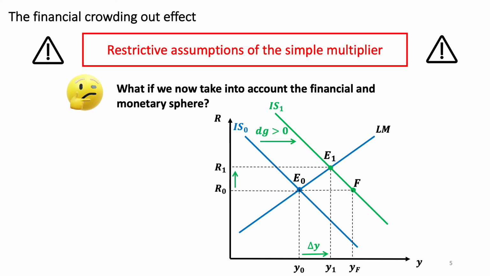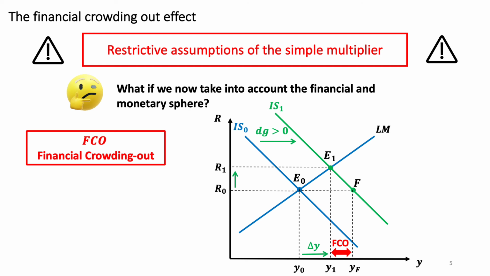Therefore, there is an excess demand on the loanable funds market, which triggers an increase in the interest rate. This then results in a decrease in investment, which is going to reduce the initial impact of the increase in public spending.